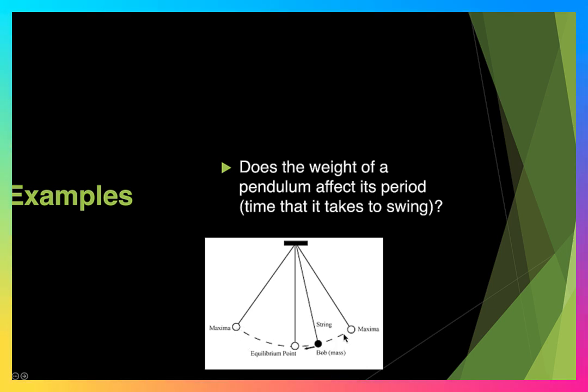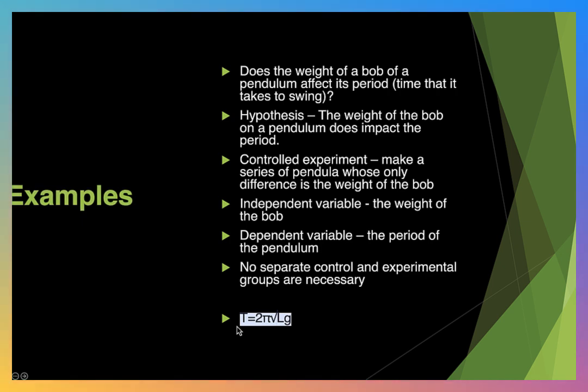That time is called the period. So does the mass of this ball have any impact on how long it takes to make one full swing? Again, the question is, does the weight of the bob or the ball affect the period, or the time it takes to make a full swing?